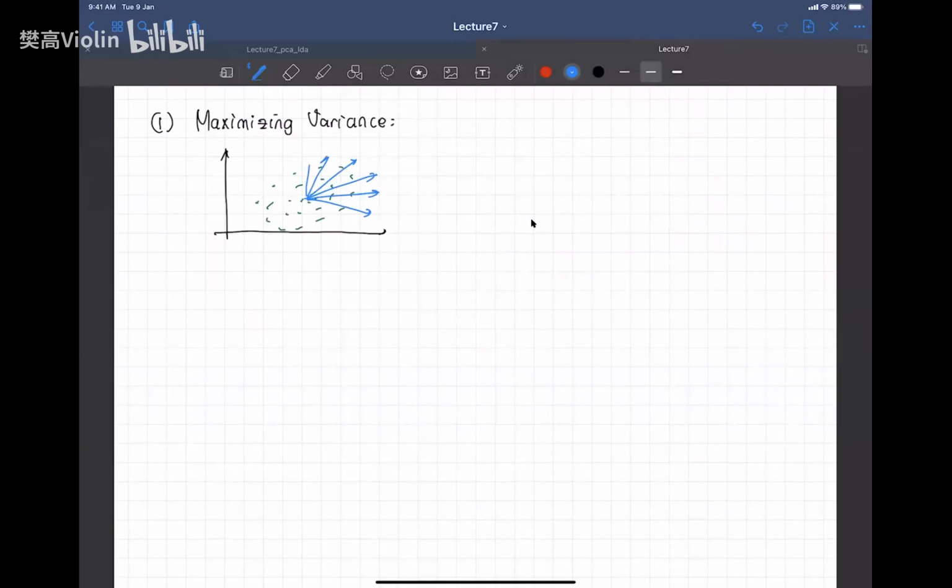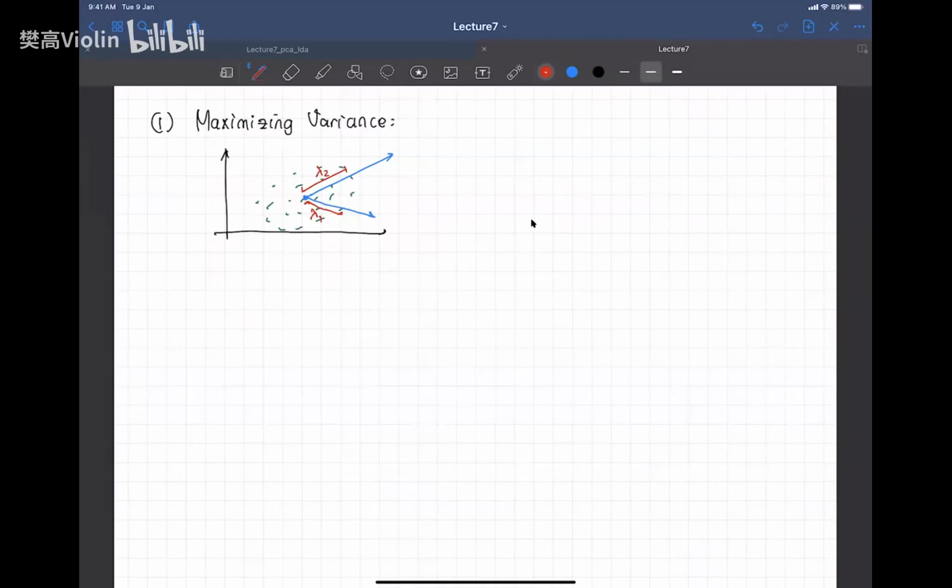All of these are possible directions that can give you some variance. For example, if I arbitrarily draw this direction, then the variance is more or less this one. Let's call it lambda 1, for example. Another possibility is to have this direction here, and in that case the variance will be lambda 2.